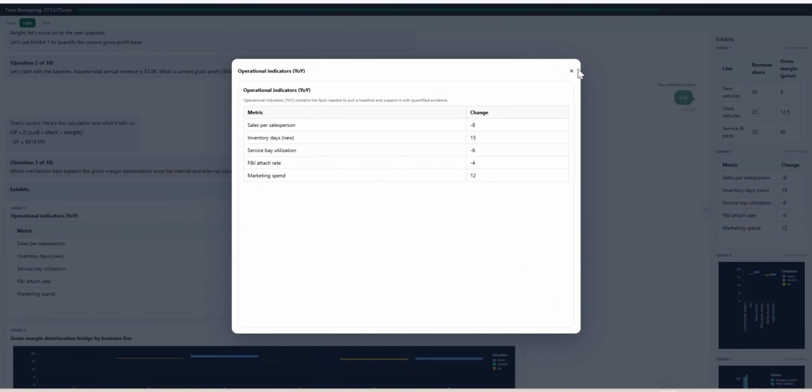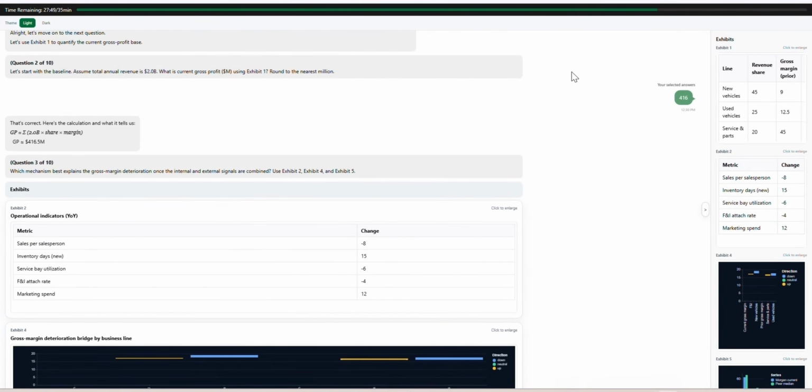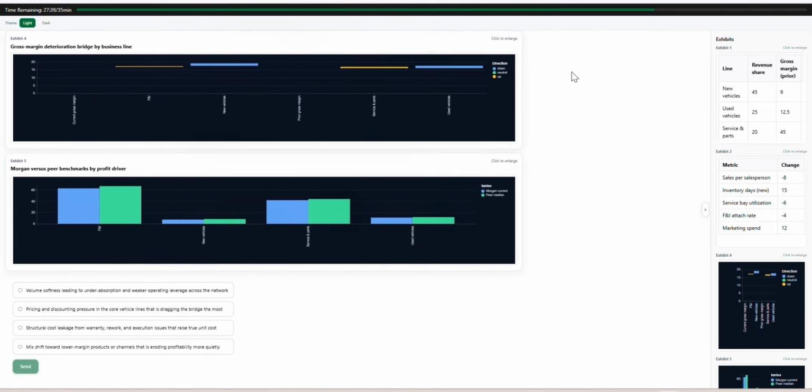What is question 3? It asks us, which mechanism best explains the gross margin deterioration once the internal and external signals are combined? Well, looking at the options, the answer here is B, pricing and discounting pressure in the core vehicle lines.